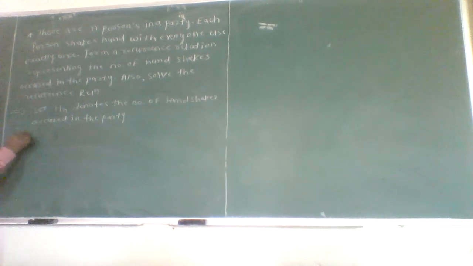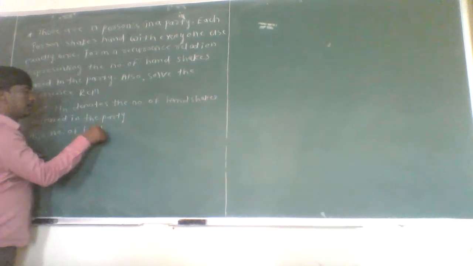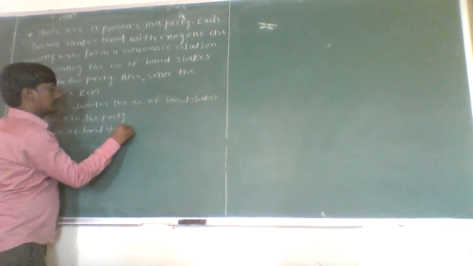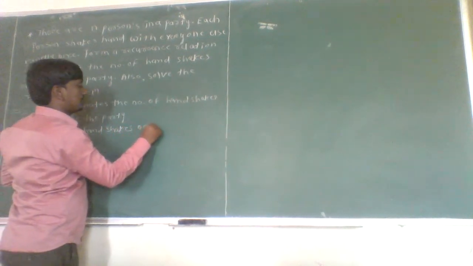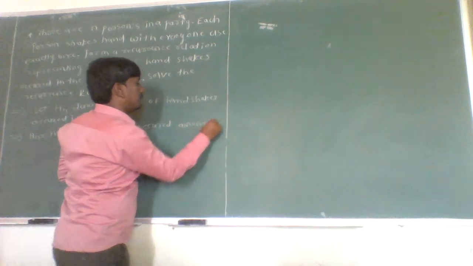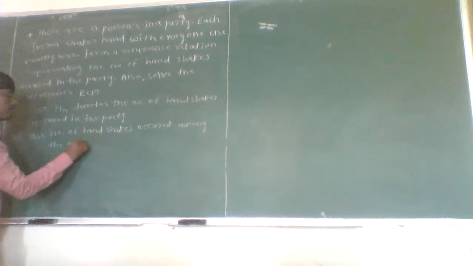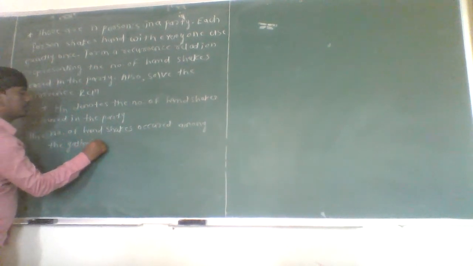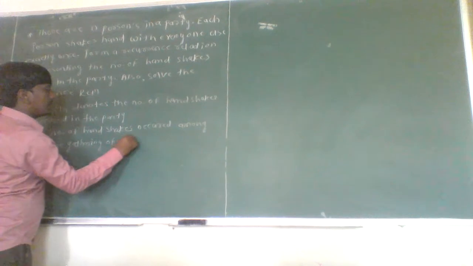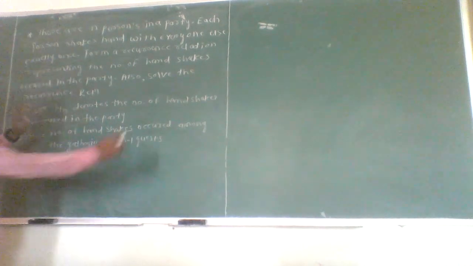Therefore, Hn is nothing but the number of handshakes occurred among the gathering of n minus 1 guests.